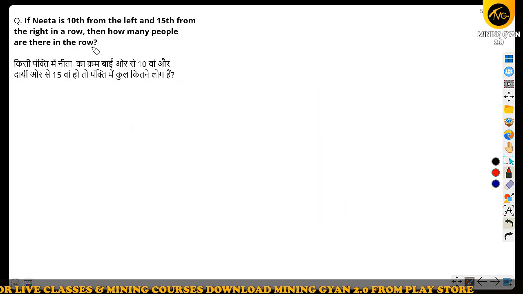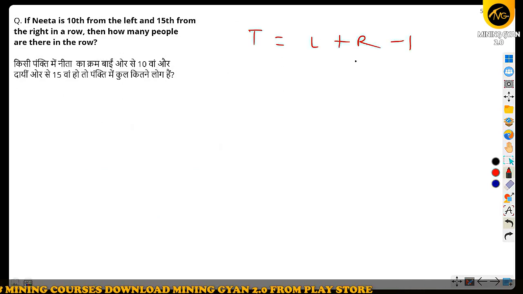Okay, if Nita is 10th from the left and 15th from the right in a row, then how many people are there in the row? So this is basic question. Total is equals to left plus right minus 1.